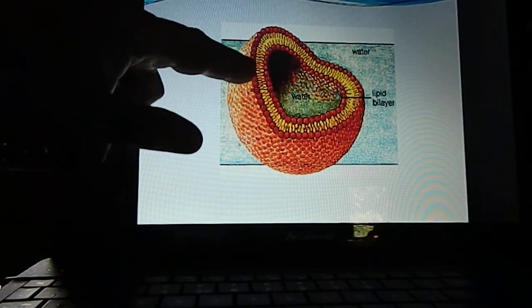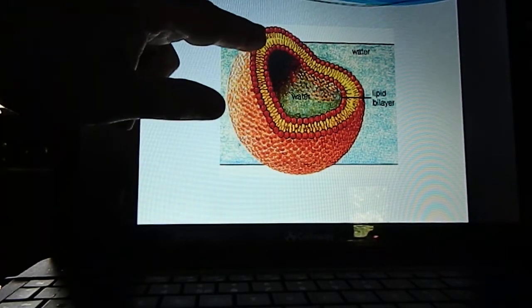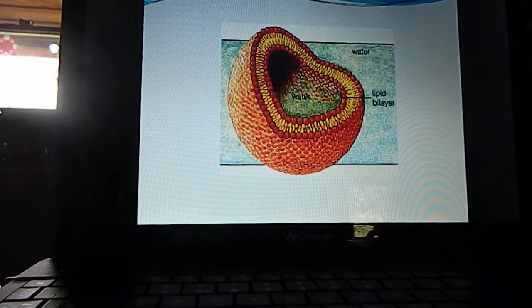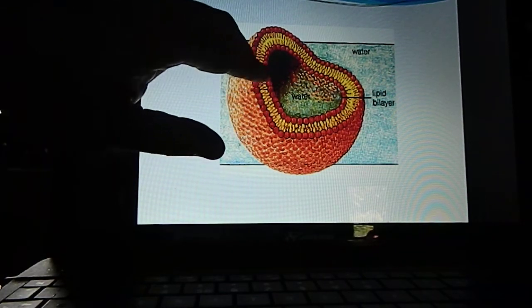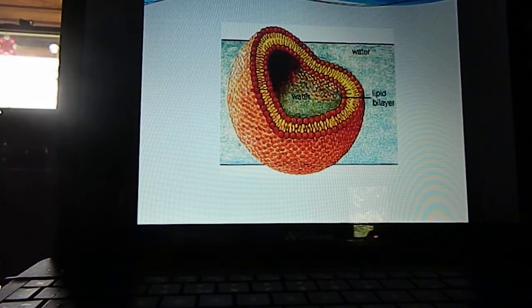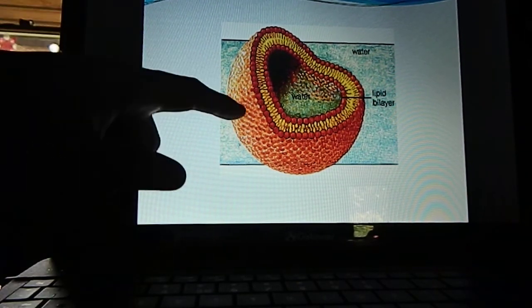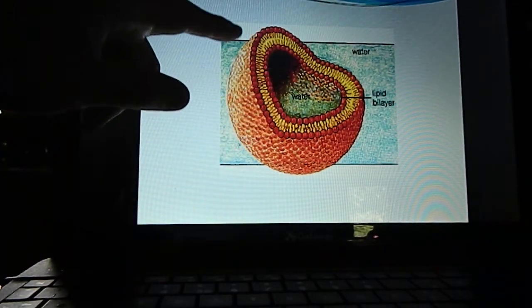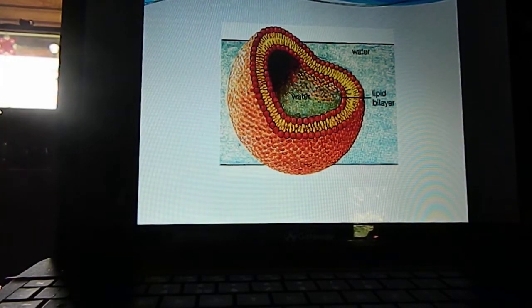So they have to arrange more phospholipids so that their heads are pointing toward the inside of the cell, and therefore those tails are facing the inside of the membrane. And this is really important because that inner part of the membrane, with the tails, is very hydrophobic.